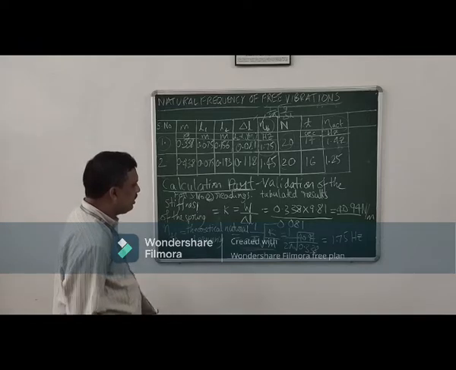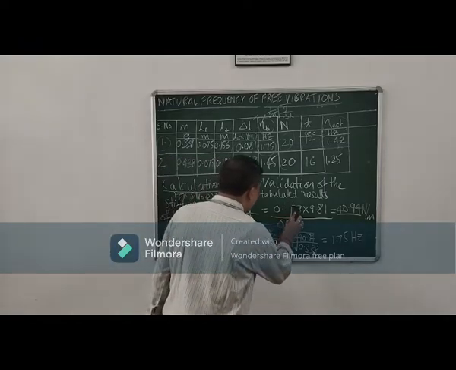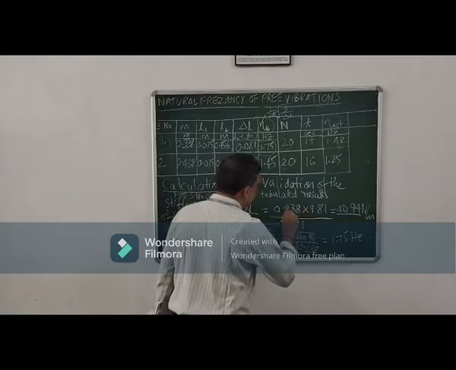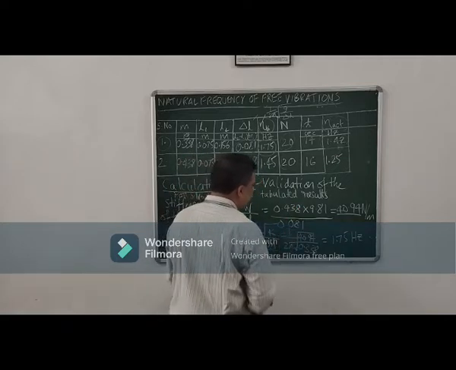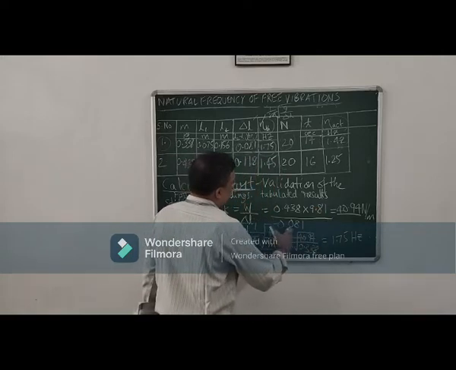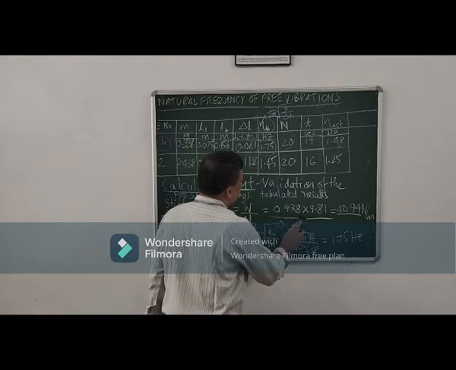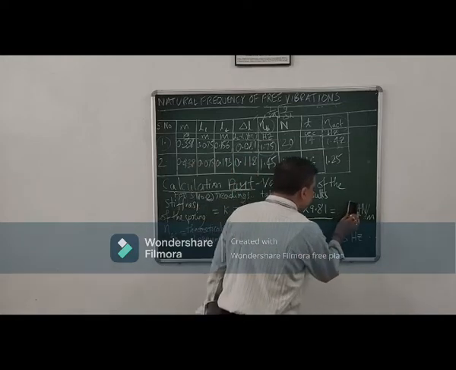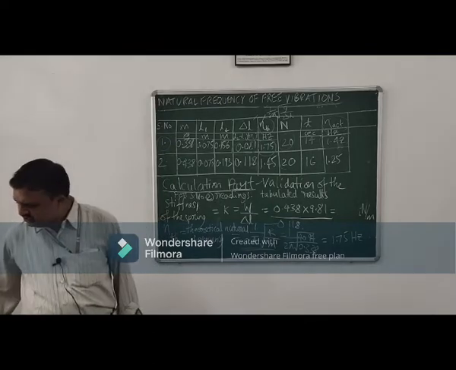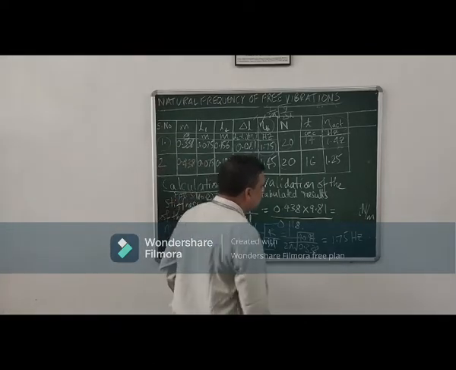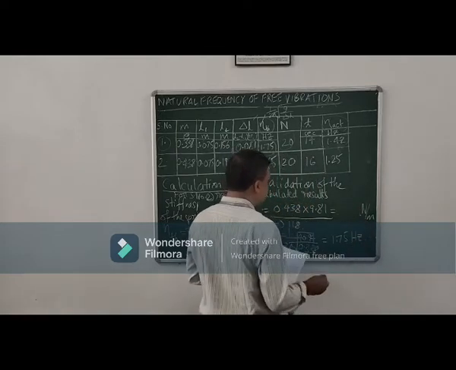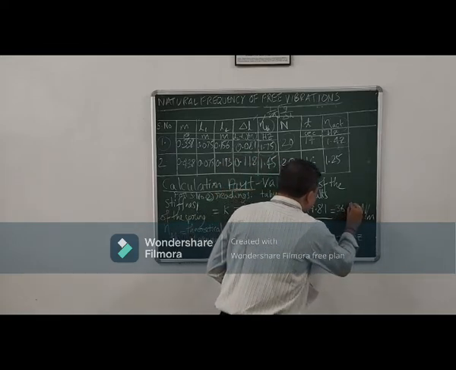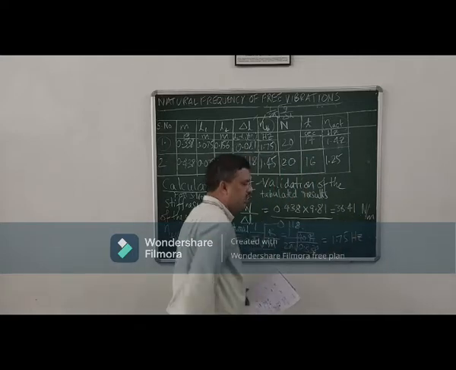Here this W will be, because this mass will be changed for the next set of readings, 0.438 multiplied by 9.81 meter per second square by 0.118. The corresponding stiffness of the spring for the second set of values is 36.41 Newton per meter. Okay.